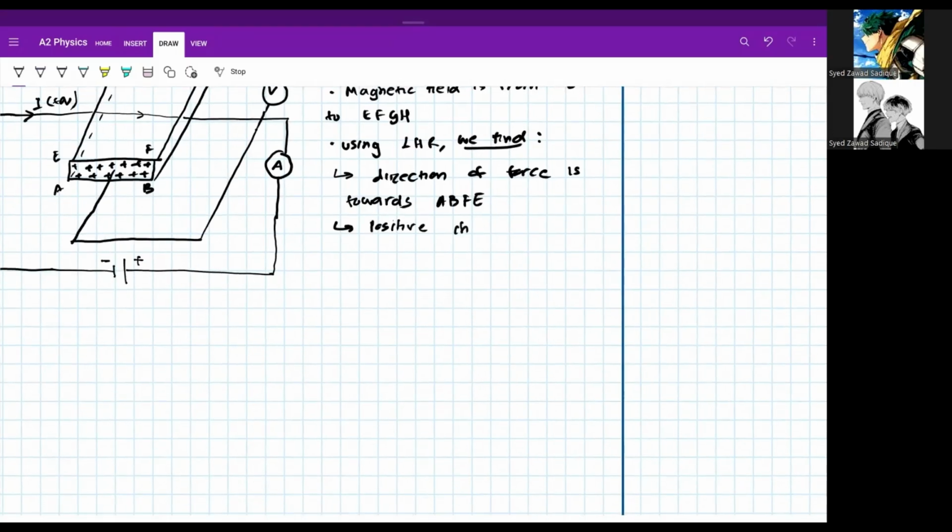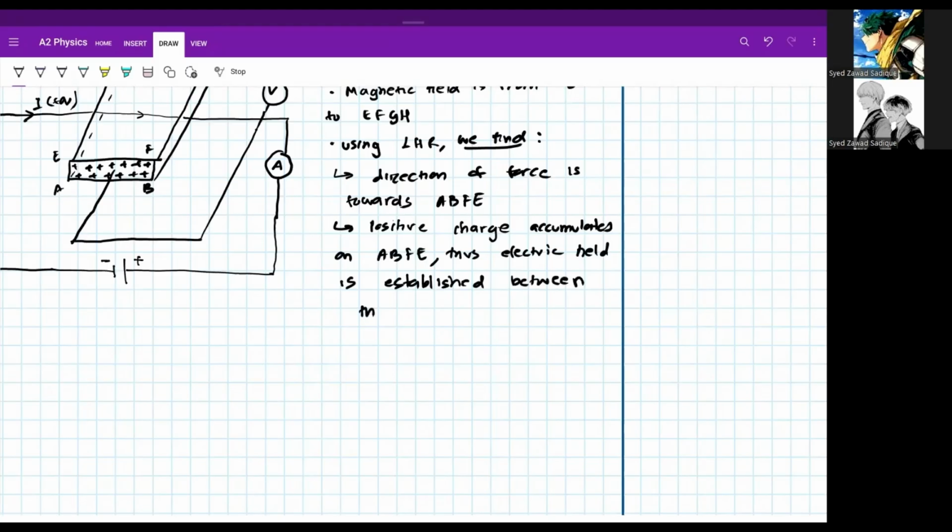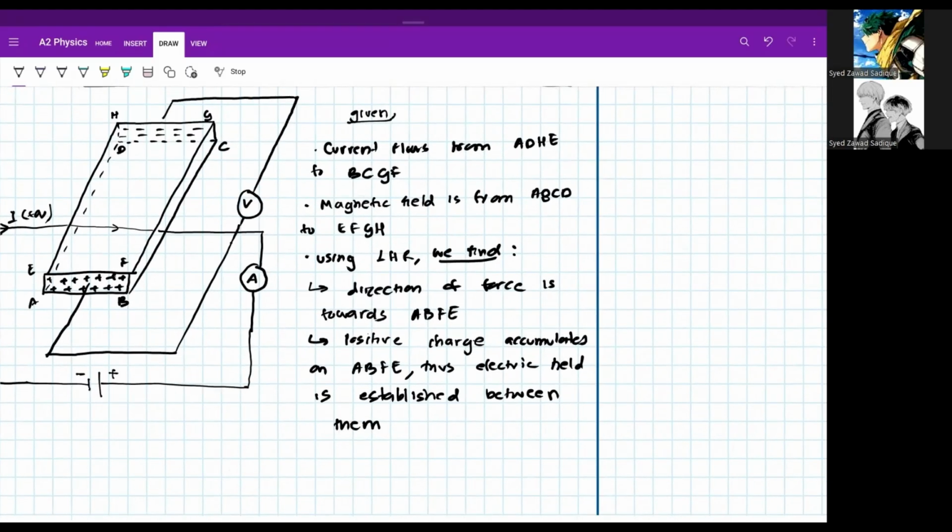So positive charge accumulates on ABFE. Thus, an electric field is established between them. As you can see, negative and positive charges, right?